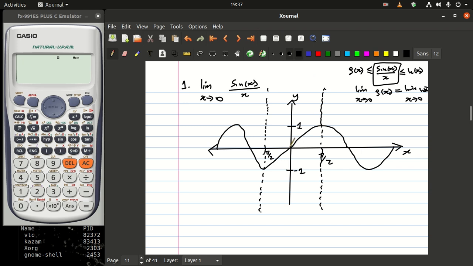So at this particular point here, which is x equal to 0, I want to find a function that is always going to be below this function and the other to be always above this particular function. Now, what is the next function that I can actually think of here? If I were to think in terms of functions, another function that I want to think of is this function here, which is y of x.